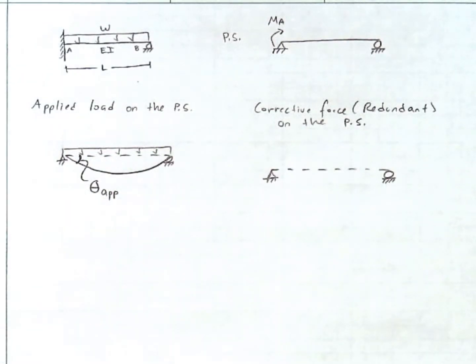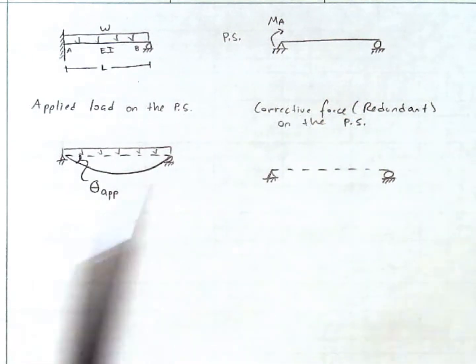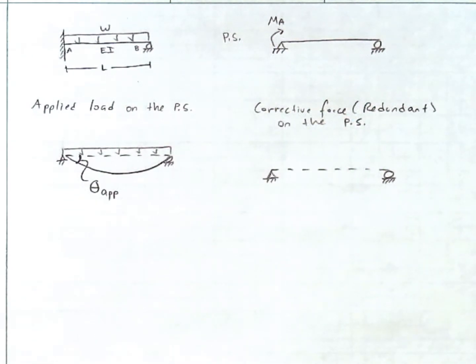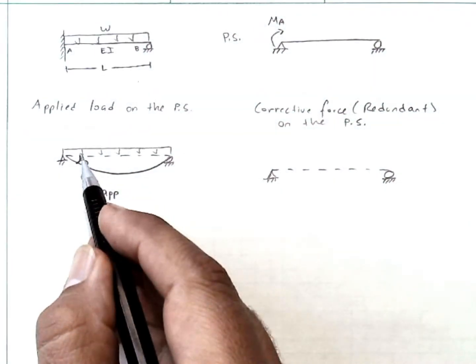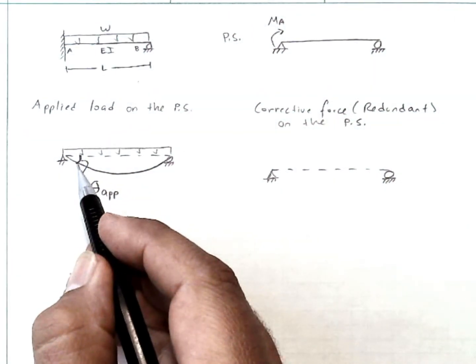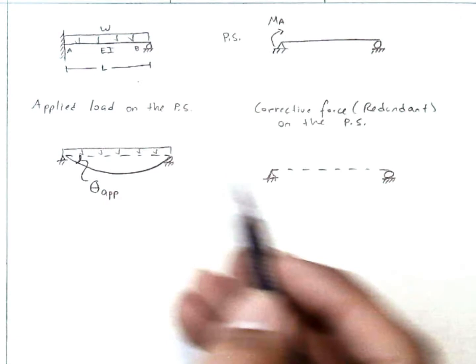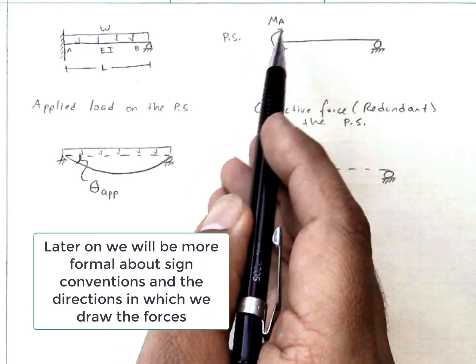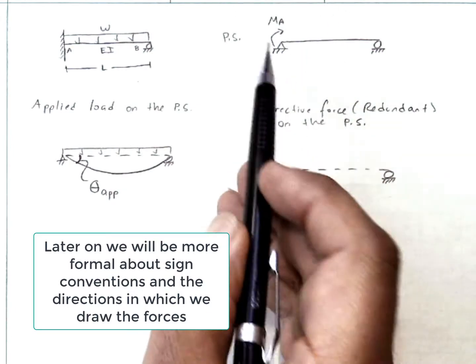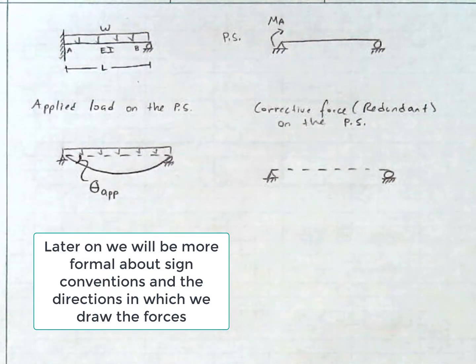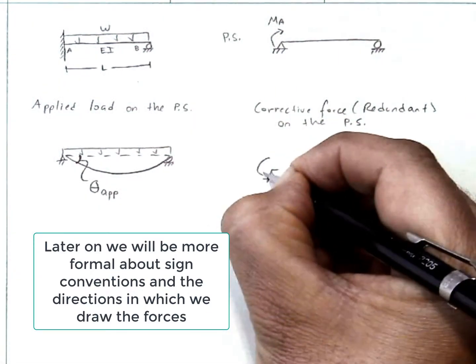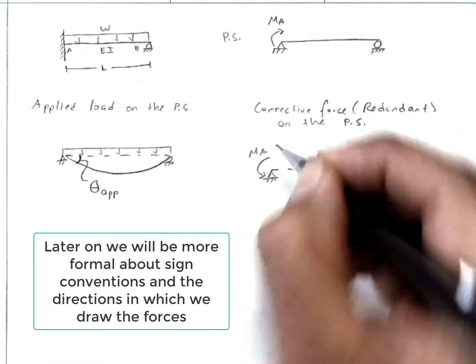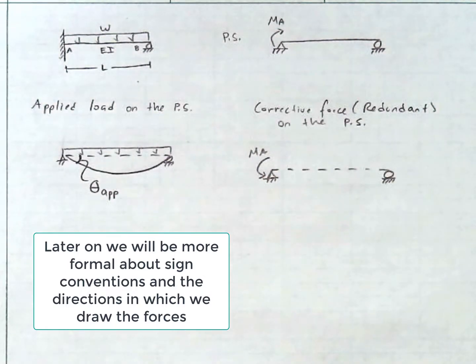Now I'm interested in applying this corrective force, or the redundant, to the primary structure. If the applied load made this rotate clockwise, the corrective force should make it rotate counterclockwise. So even though I've drawn this here in the positive direction for internal moments, I'll draw it here in the direction in which it physically acts.